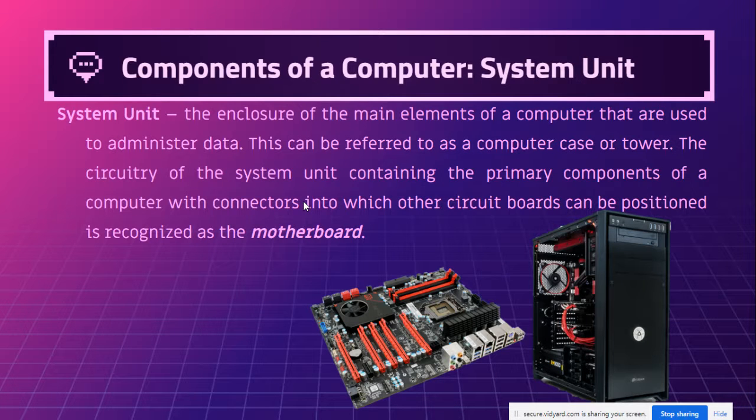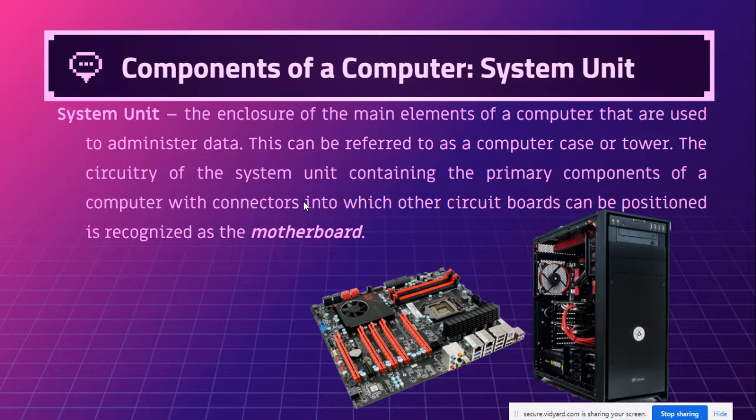And the system unit. When we talk about the system unit, it is the enclosure containing the main elements of a computer that are used to process data. This can be referred to as a computer case or tower. The circuitry of the system unit containing the primary components of a computer, with connectors into which other circuit boards can be positioned, is recognized as the motherboard.